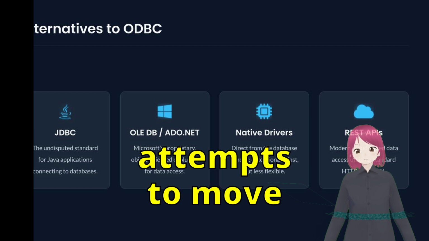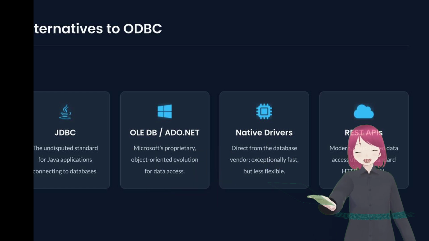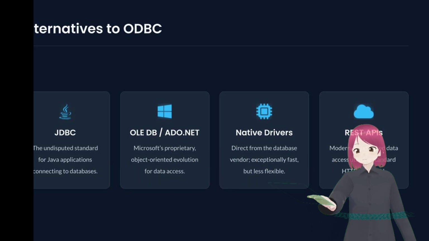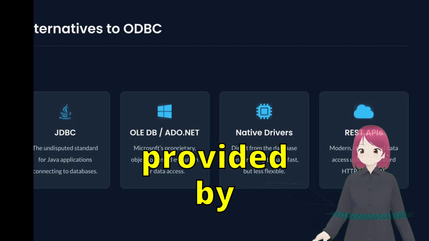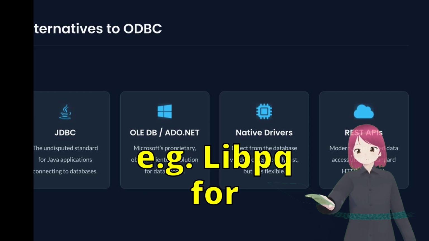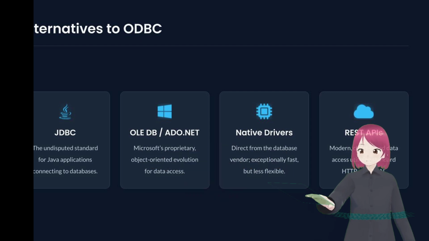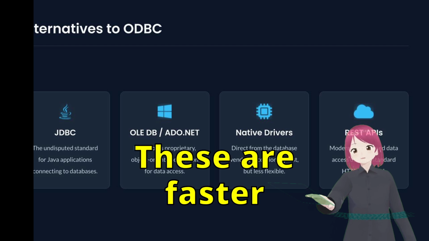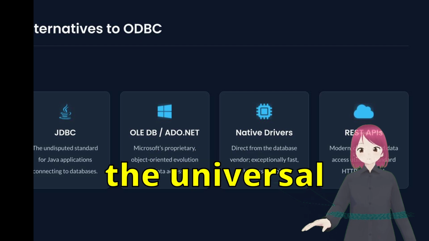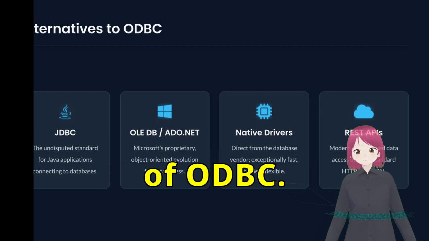Microsoft's later attempts to move beyond ODBC, focusing on object-oriented data access. Native drivers. Direct libraries provided by database vendors, e.g., libpq for PostgreSQL. These are faster and support more features, but lack the universal flexibility of ODBC.